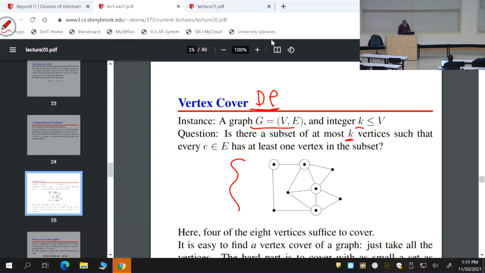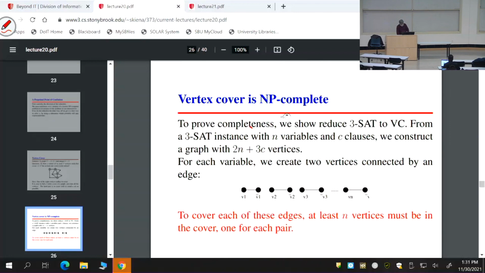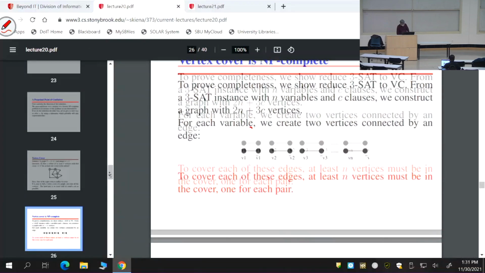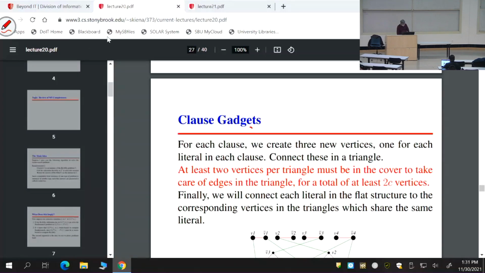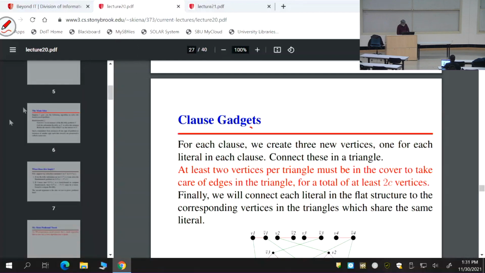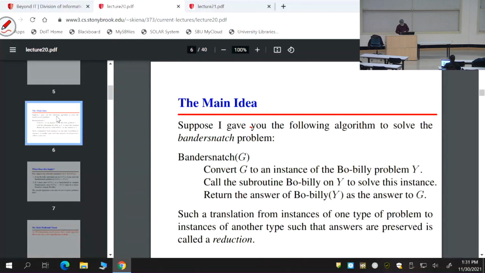Now, if I want to prove it's hard, what should I do? What is my strategy going to have to be? I'm going to be going back to my Bandersnatch and mobility again. I know that looks a little out of control. If I want to prove that vertex cover is hard, what should be my Bandersnatch and what should be my mobility?